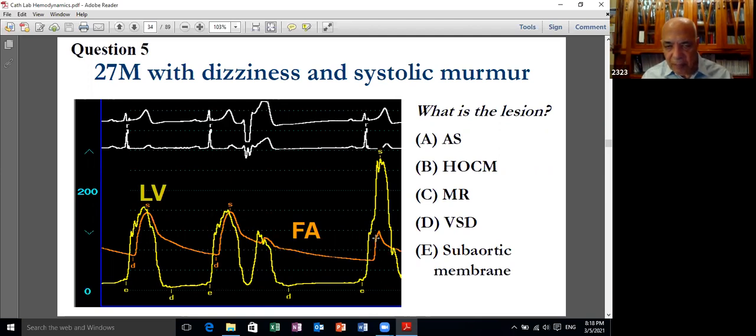So the important point here is not the exaggeration of the gradient between the left ventricle and the aorta, but the decrease in the pulse volume in the post-extrasystolic beat.